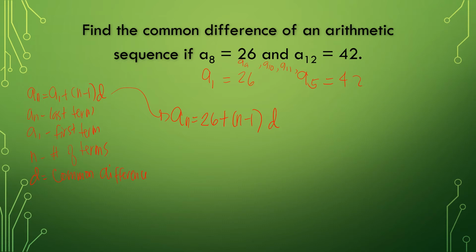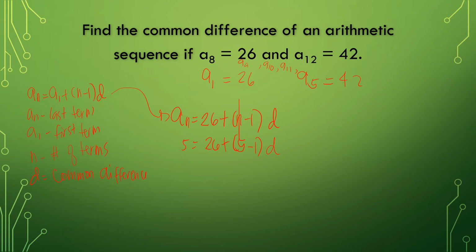Now, since we have here a sub 5 as your last term, we can substitute a sub 5 to a sub n. So, a sub 5 is equal to 26 plus, a sub 5 is your fifth term, so n will be equal to 5. So, 5 minus 1 times d. Your a sub 5 is equal to 42.